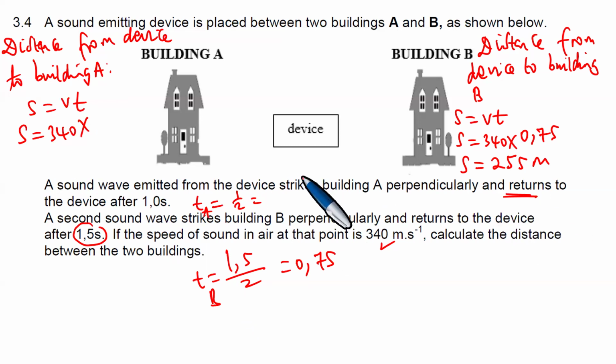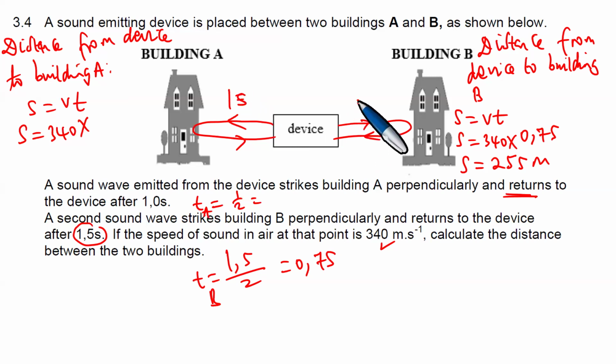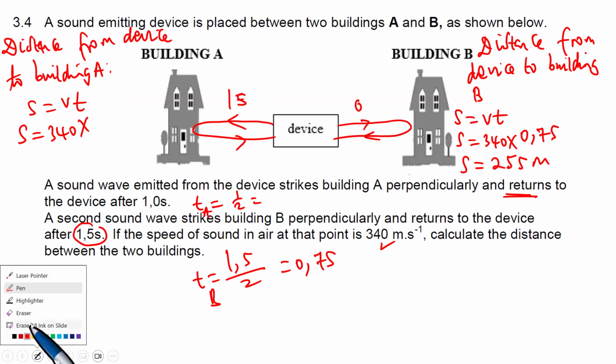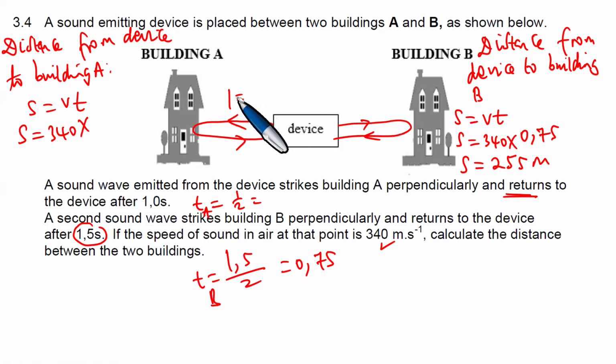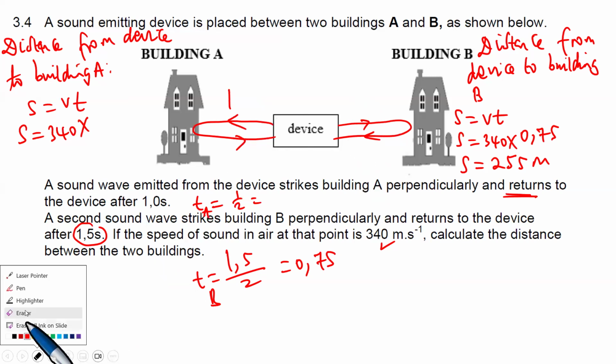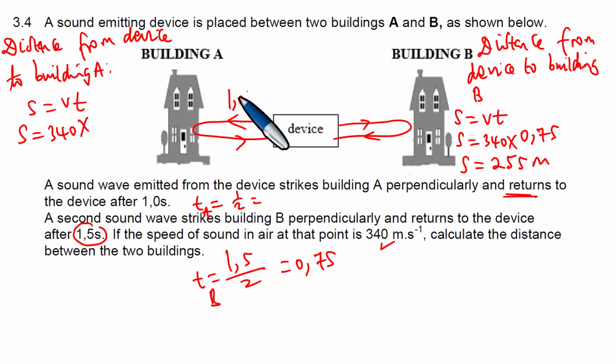So the device goes and it returns. Now you must take the time and divide by what? It goes and it returns, so everything is in 1 second, and here it is 1,5 seconds.